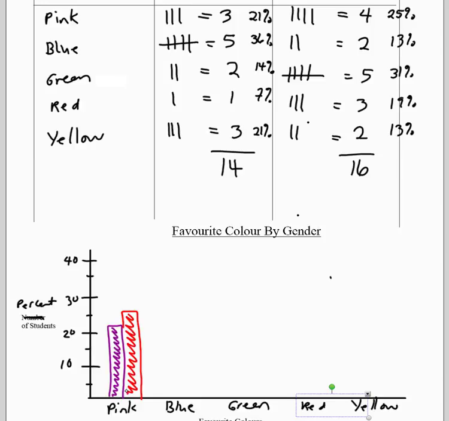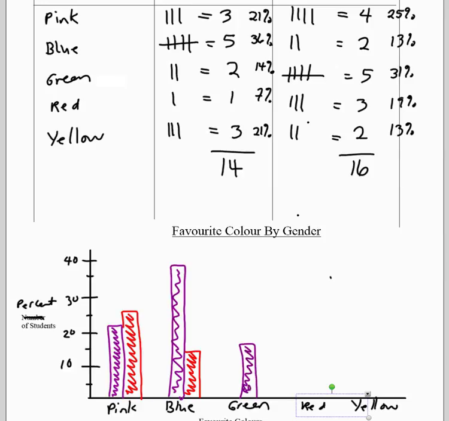Then blue, I've got 36% girls, so that will be about there. And I've got 13% boys, that'll be about there. Again, you would have graph paper and you'd be doing it a little bit more accurately. Green, we've got 14% girls, so that's about there.